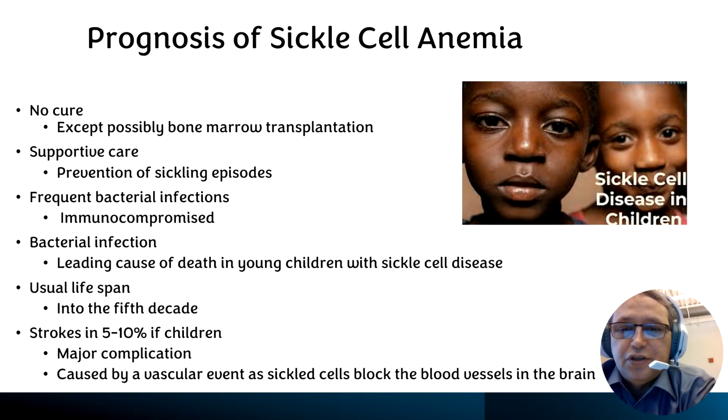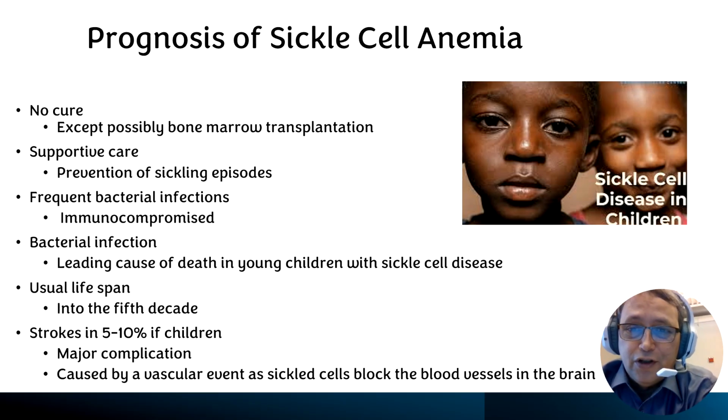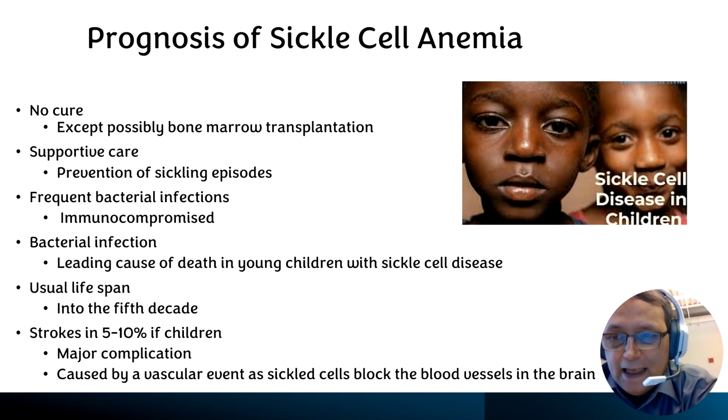So what's the prognosis? Well, technically, we're going to say this in a left side, right side kind of way. First, we're going to say there is no cure. Then we're going to say there's a cure, but it involves a bone marrow transplant. Supportive care will focus on preventing sickling episodes and infections.